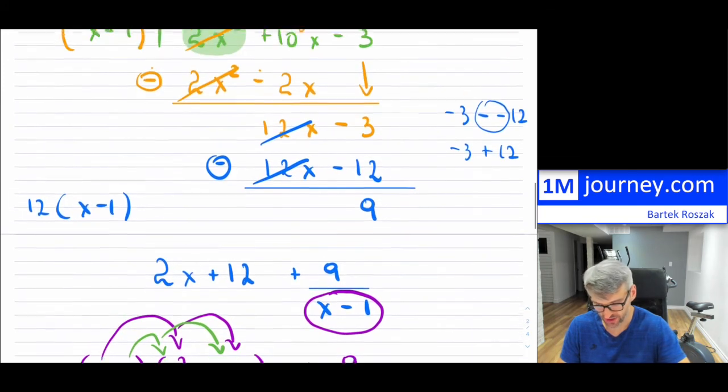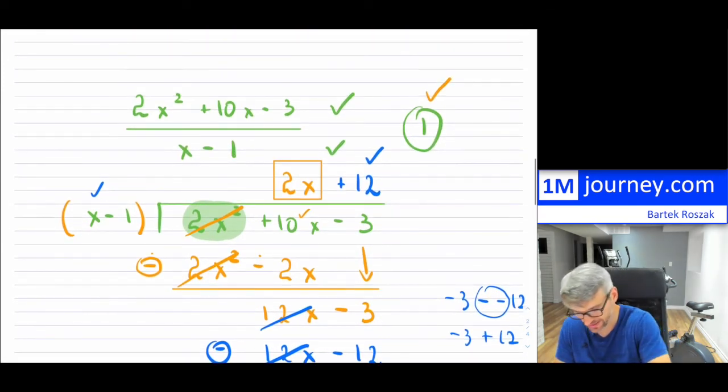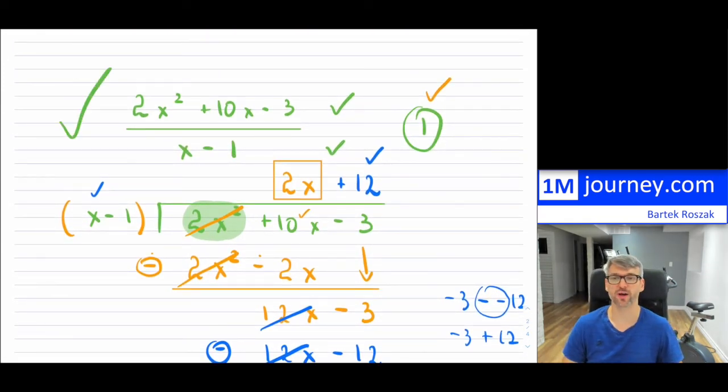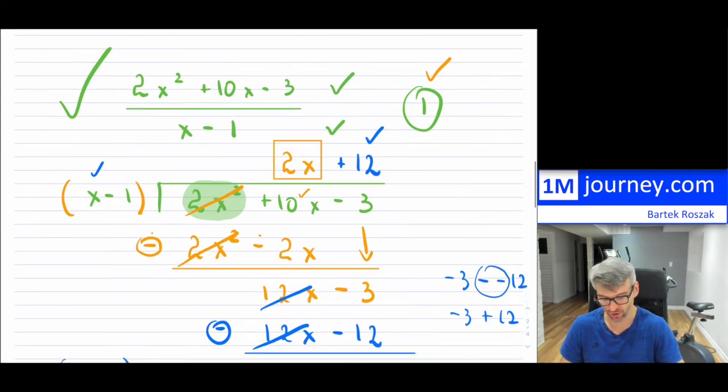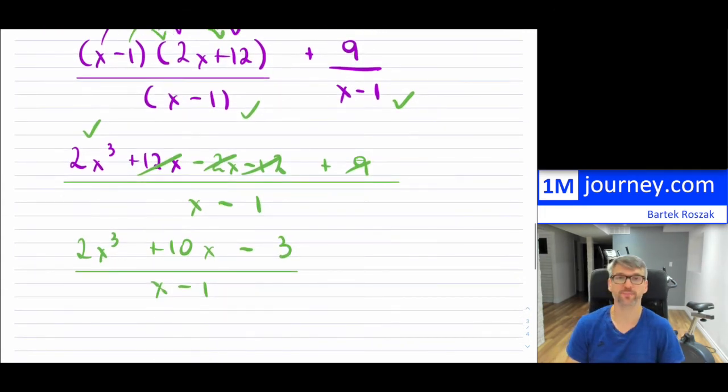And is that what we started? And that's exactly what we started: 2x squared plus 10x minus 3 over x minus 1, right? So that's the check if we did the long division in the correct form. So that's another example for you.